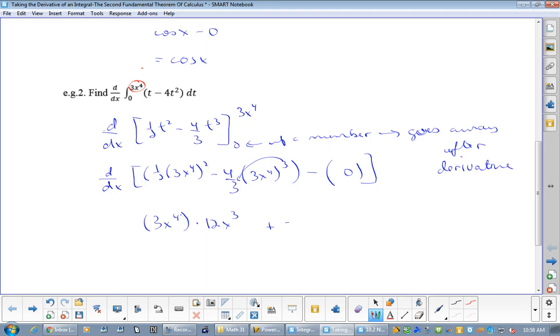That would be minus 4 times (3x to the 4) squared times 12x cubed.